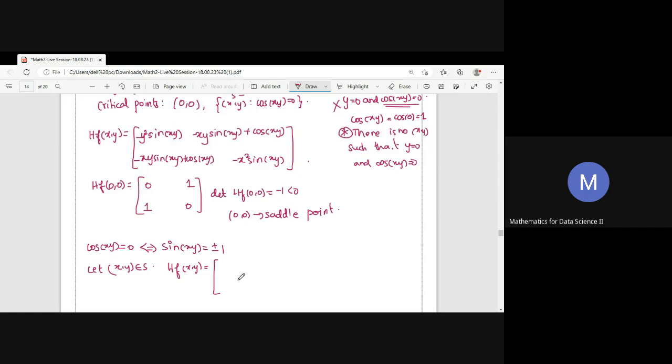And this cos xy is 0. And here you will have again plus or minus xy. I guess we have to be careful about the plus or minus. Okay, let us write it separately.